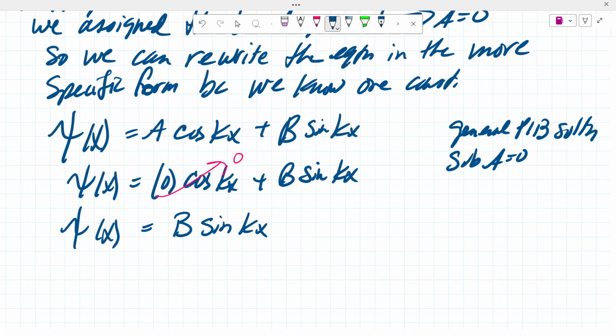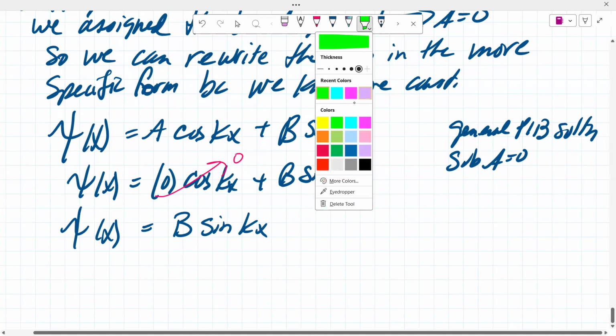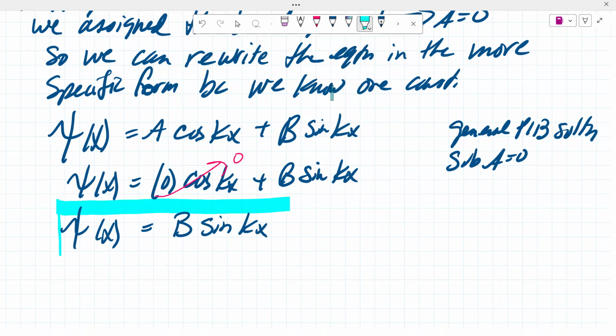Ta-da! Particle in a box equation. Very important equation. All right. Make that nice and neat. Okay, good. Now we can plot the psi of x to see what the waves look like.